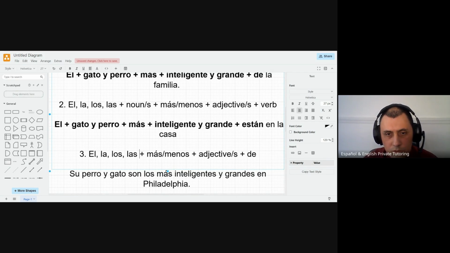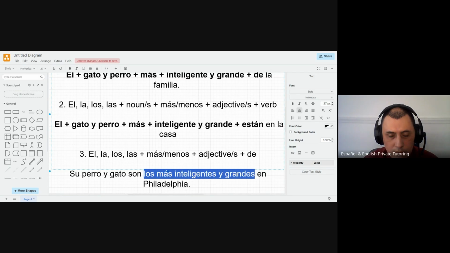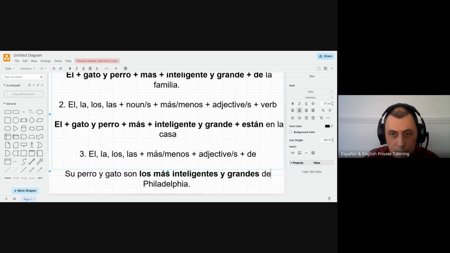This is the one that the book teaches: su perro y gato son los más inteligentes y grandes. Let's keep it in the way the book says, to not complicate things.